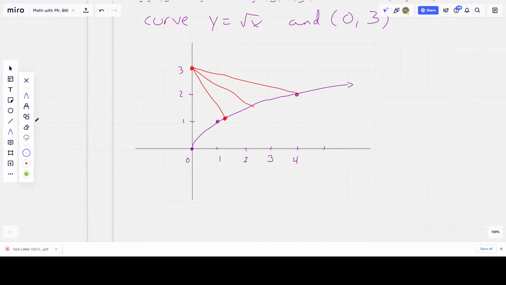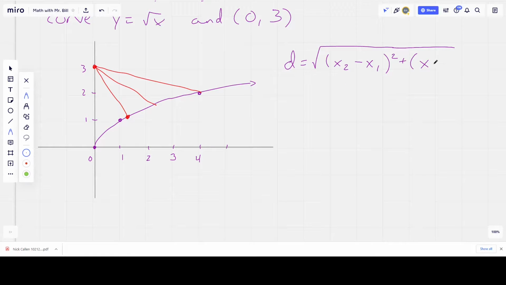So we have our distance formula between any 2 points. I'll write that down. The distance between any 2 points is equal to the square root of the difference between the x values squared plus the difference between the y values squared.